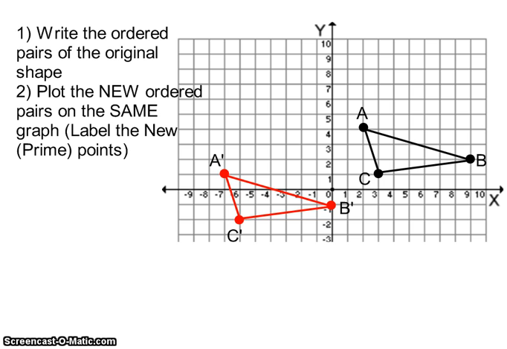That's the red one, the prime shape. I want you to look at it and discover the rule. How did the points change? How did A change? How did B change? How did C change? When you look at this, you should have the same rule for each point.